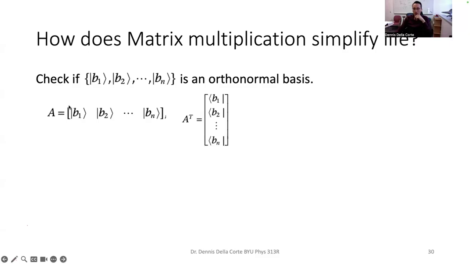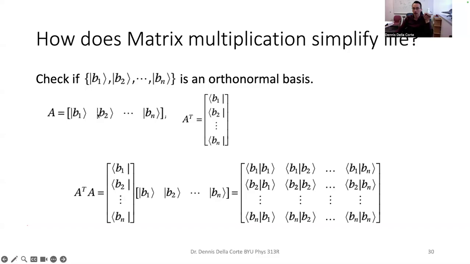So the fast way of doing that is we're just taking all of these column vectors, write them out, and then we transpose it to create a matrix of the bras of the row vectors, and then we calculate the product between the bra and the ket matrices, and that is going to give us this expression here.